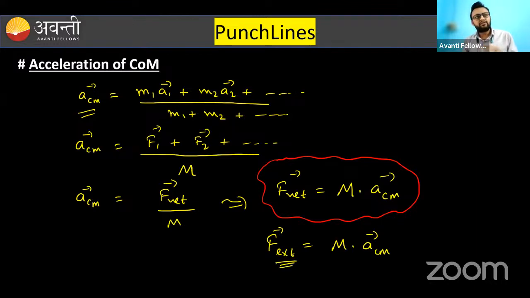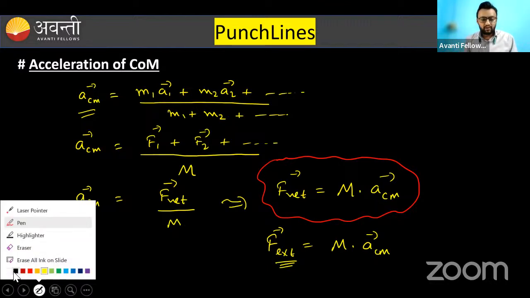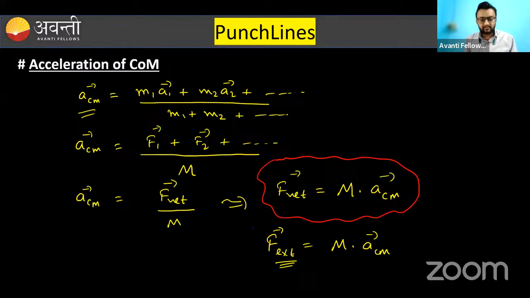External forces are the forces which are not of the system. They are coming from outside the system, because internal forces are going to cancel each other. So the net force is due to the external forces. So nothing to remember, nothing to worry. What we will learn is that F external is equal to mass into acceleration of center of mass.